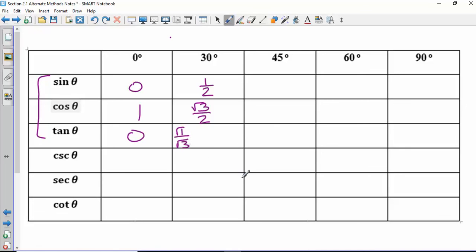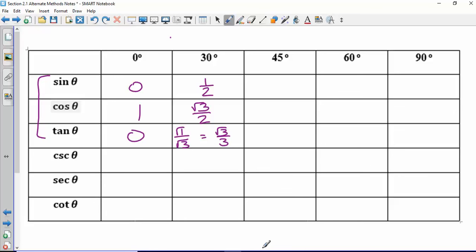Square root of the top divided by square root of the bottom. Can you leave a radical on the bottom? No. So if you multiplied by radical 3, you would get radical 3 over 3. Does that match the examples that we've worked out so far? We got sine of 30 to be 1/2, cosine of 30 to be radical 3 over 2, tangent to be radical 3 over 3.